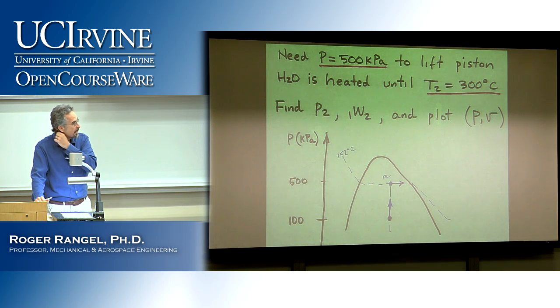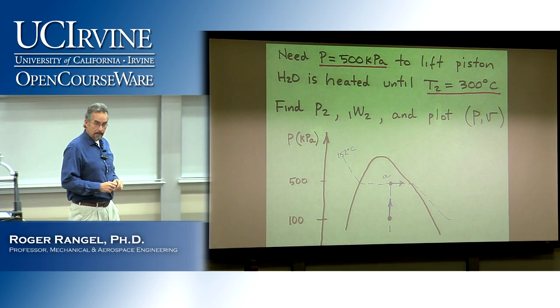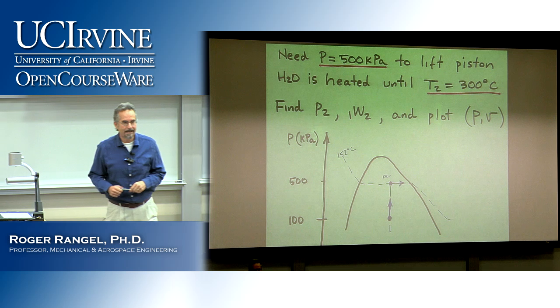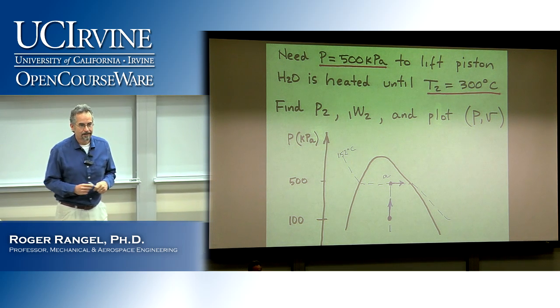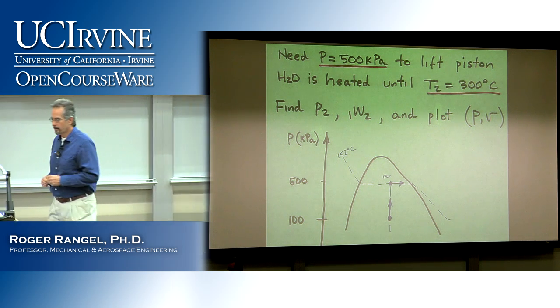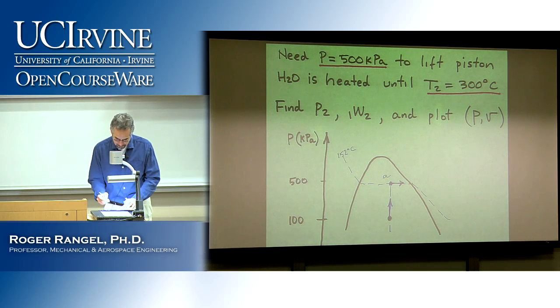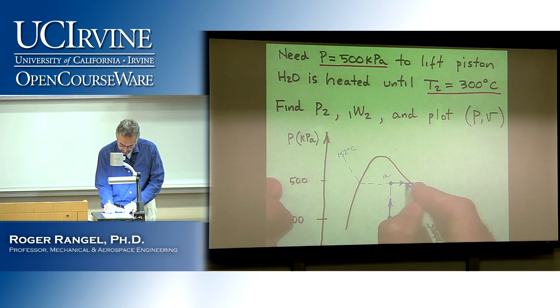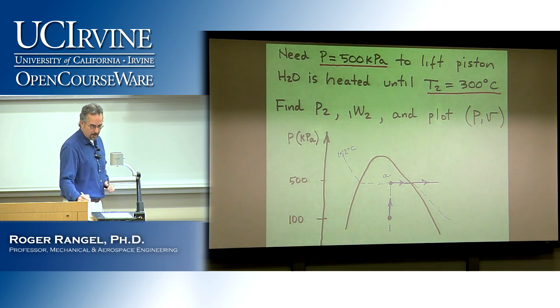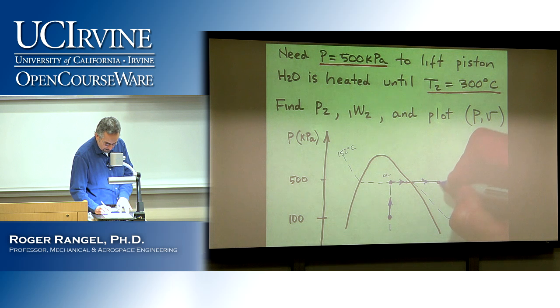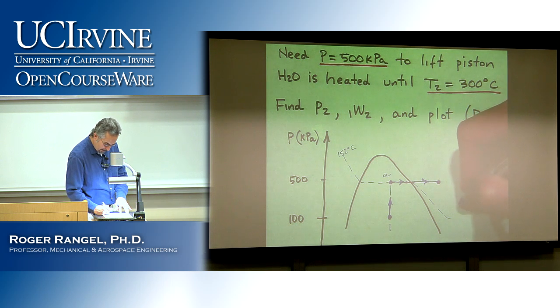So when is that going to happen? Am I going to leave the dome or not? Yes, because if I don't leave the dome, I stay at 152, right? So in order for the temperature to increase, I have to go past the saturated vapor line and keep going at constant pressure, because I have to stay at 500 kilopascals, until I reach a new temperature line here.